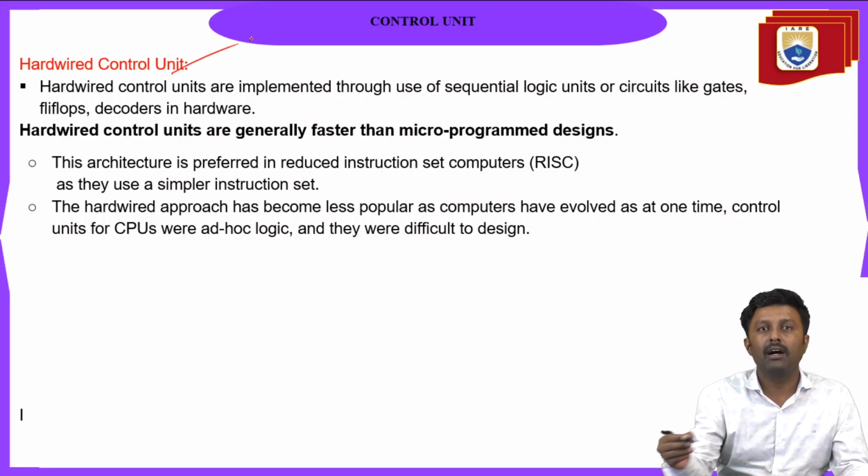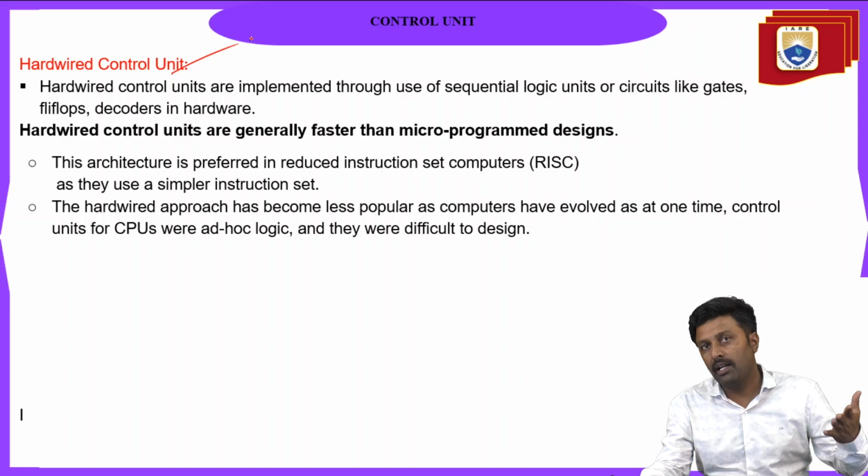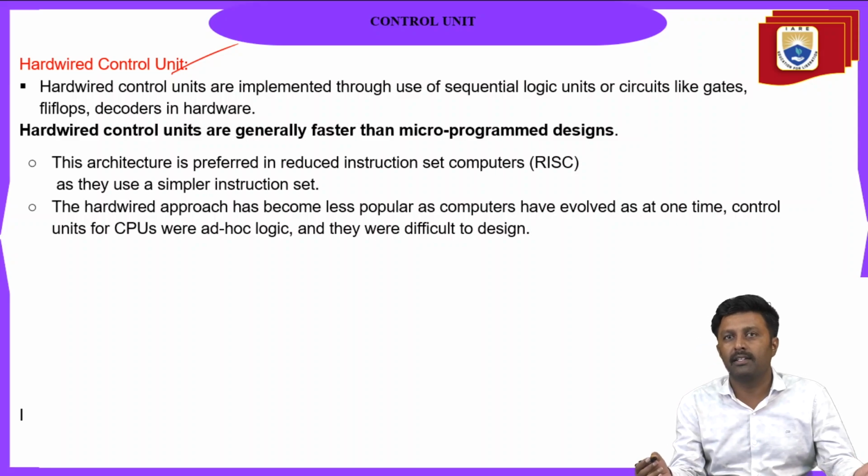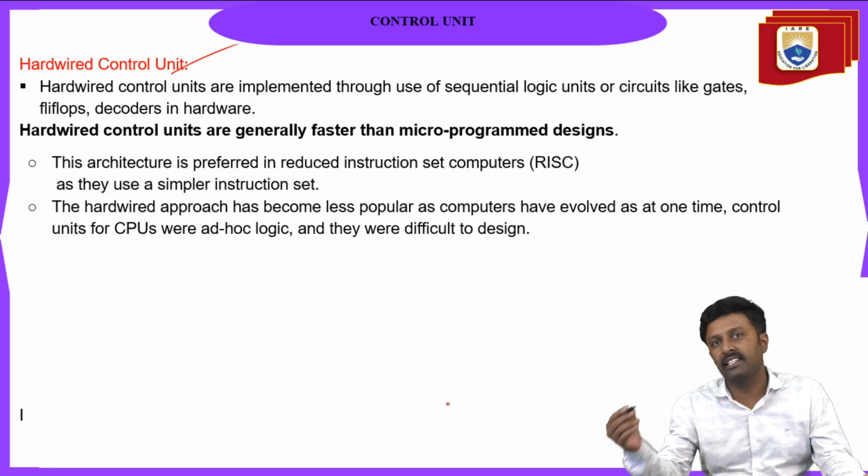The hardwired control unit is implemented through the use of sequential logic. Basically there are two types of circuits: combinational circuits and sequential circuits.